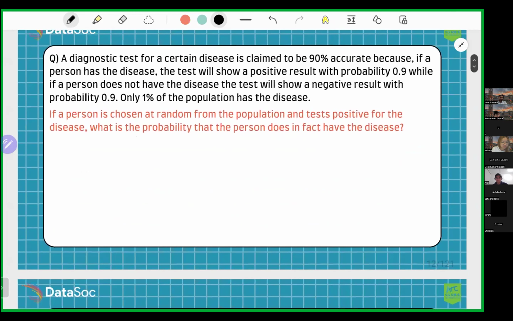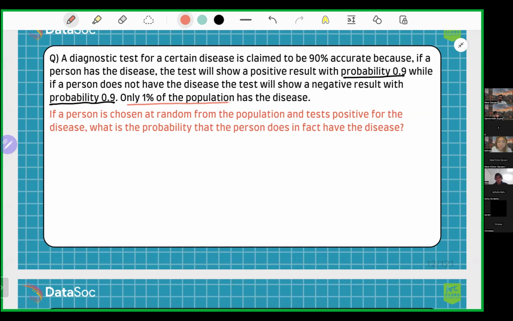Now let's move on to a bit difficult question. In this question, a diagnostic test for a certain disease is claimed to be 90% accurate because if a person has the disease, the test will show a positive result with probability 0.9, while if a person does not have the disease, the test will show a negative result with probability 0.9.